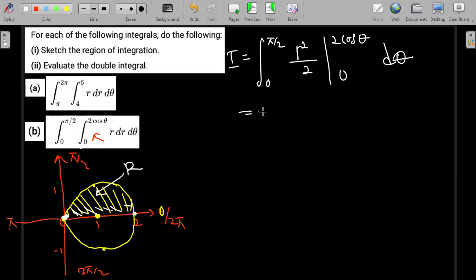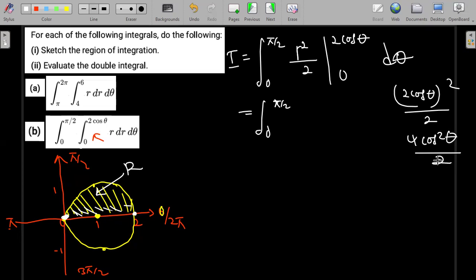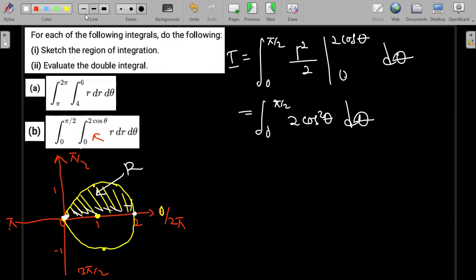Then I put this in: 2 cos theta squared over 2, which gives 4 cos squared theta over 2. I divide, so I just get 2 cos squared theta. Putting 0 there just gives 0. So I have d theta. Now I can evaluate this integral easily.